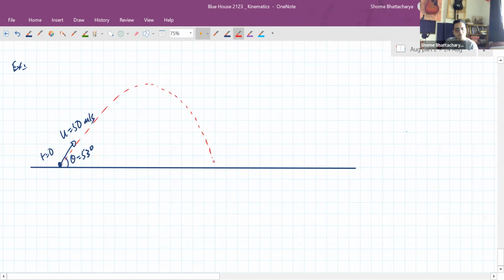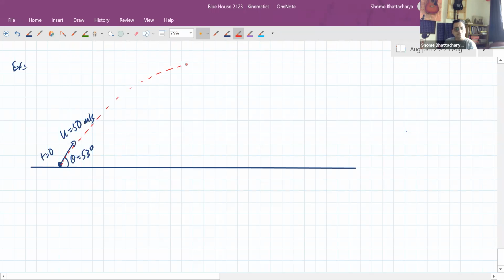In this question, we'll discuss a lot of aspects of projectile motion. First of all, as it goes up, the angle that the velocity vector makes will keep changing, because remember, it has to become perfectly horizontal by the time you reach the maximum height.